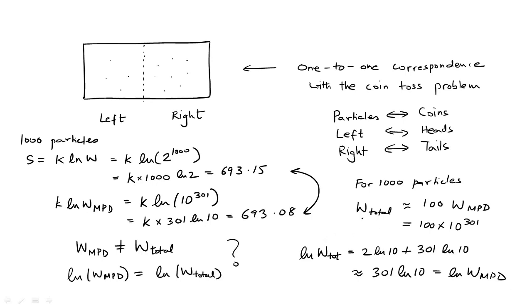So although the total number of ways is many more times the number of ways in the most probable distribution, the log of these two numbers is not very different. There is still some difference though between these two numbers, but let's see what happens when instead of 1000 particles, we go to a more realistic situation, which is when there are close to an Avogadro number of particles.